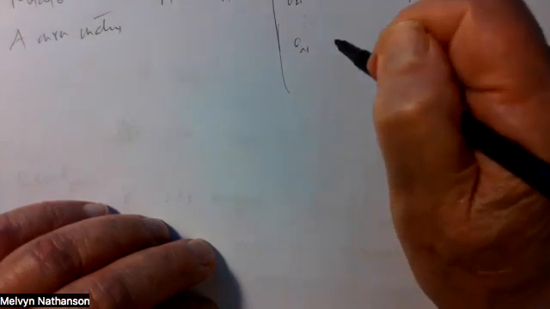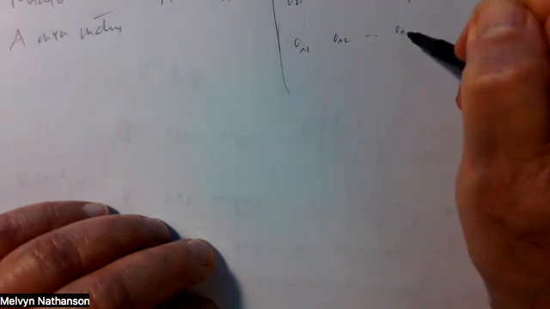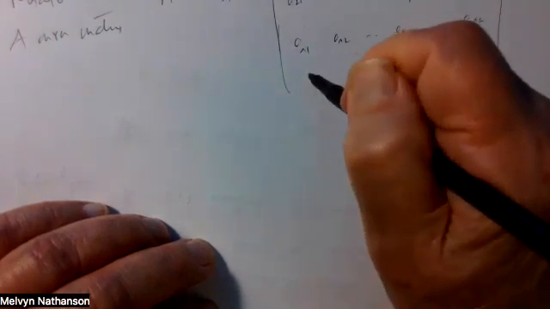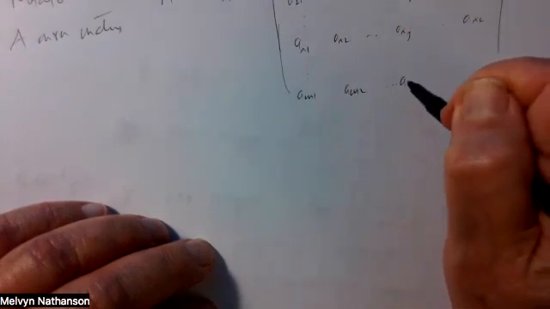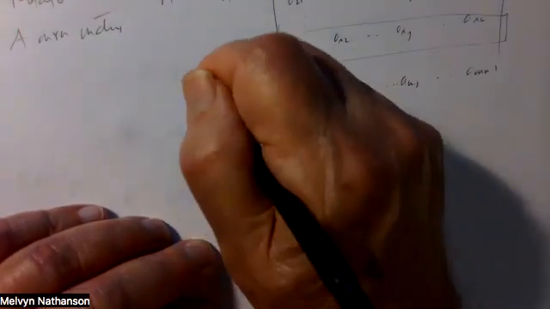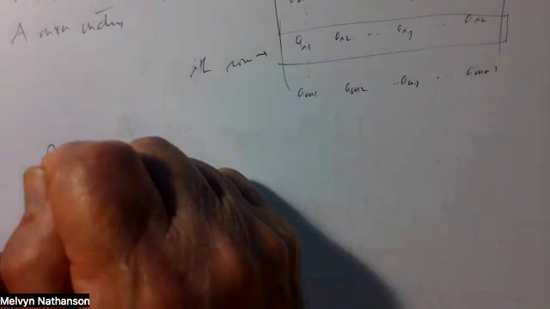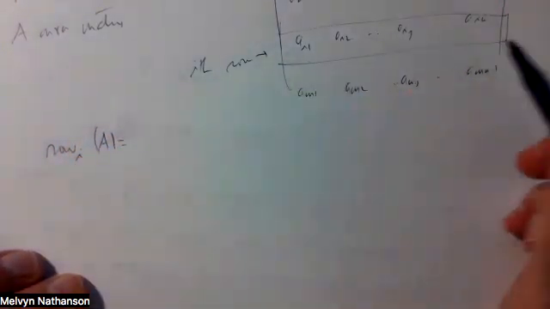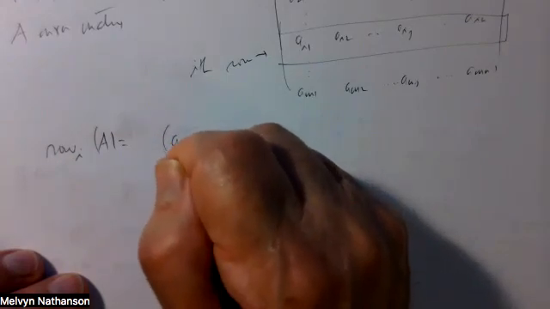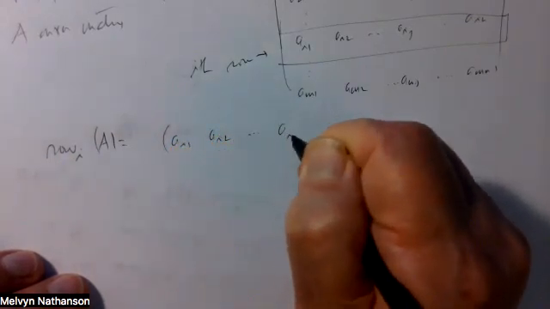The ith row would be Ai1, Ai2, Aij up to Ain, down to the last row, the mth row, Am1, Am2, Amj up to Amn. So this is the ith row of the matrix. And in fact, we might say row sub i of A is just this row vector, Ai1, Ai2, up to Ain.